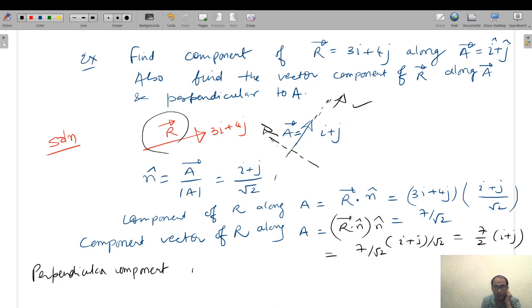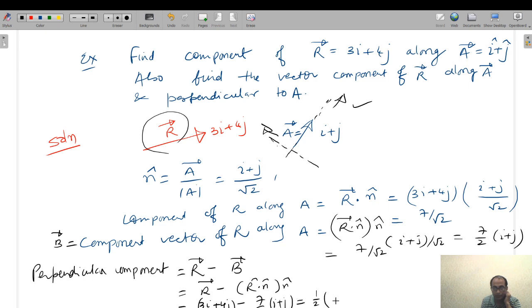So this is R vector minus the component which we had denoted by B. So R minus B, where B is R dot n times n. R is 3i plus 4j minus 7 by 2 (i plus j), and you get exactly the same result, half (j minus i). So you can do it either way, you will get the same result.